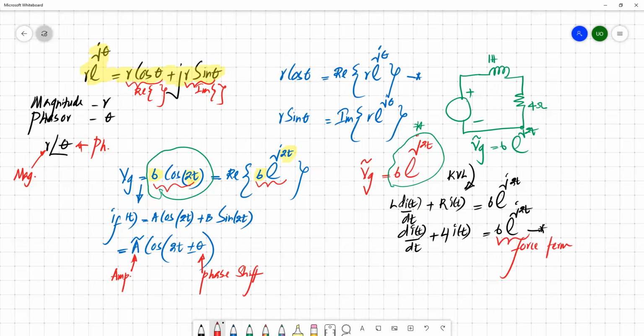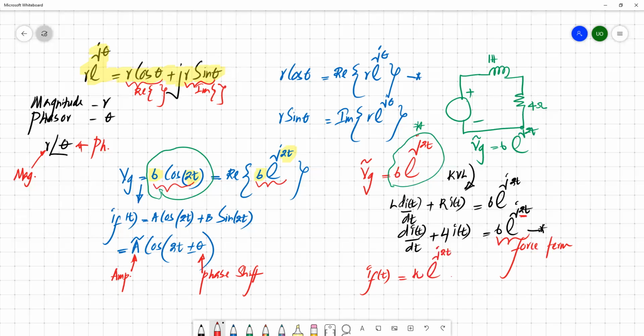By looking at the force term, we can propose a trial solution for this particular differential equation. It is an exponential function having the same exponent, e to the power j2t, with a different constant.